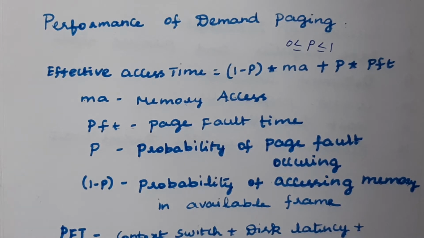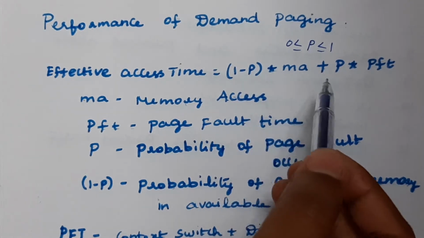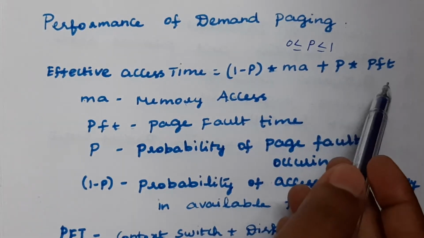If you get more page faults, it will obviously degrade the system performance, so we should not allow the system to get more page faults. In order to increase the system performance, we need to minimize the effective access time. The effective access time is calculated with this formula: (1 − p) × memory access time + p × page fault time.